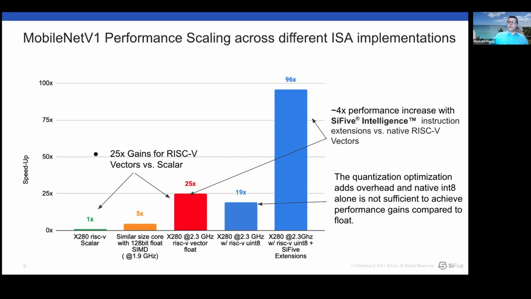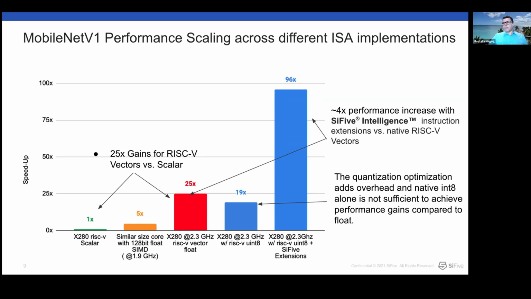But then when we use these specialized instructions, because you look at the code, you look at the optimization, look at how you need to make it efficient and achieve these high efficiency rates, you can see additional almost 4x performance gains over the floating point operations, or the native implementations, whether float or int.